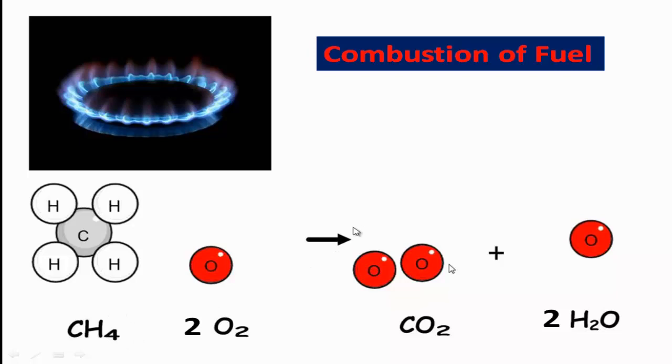So each fuel reacts with oxygen and produces carbon dioxide and water vapor in different ratios. So for the complete combustion of fuel, mainly carbon dioxide and water vapor are produced. But if the combustion is not completed, then what will happen?